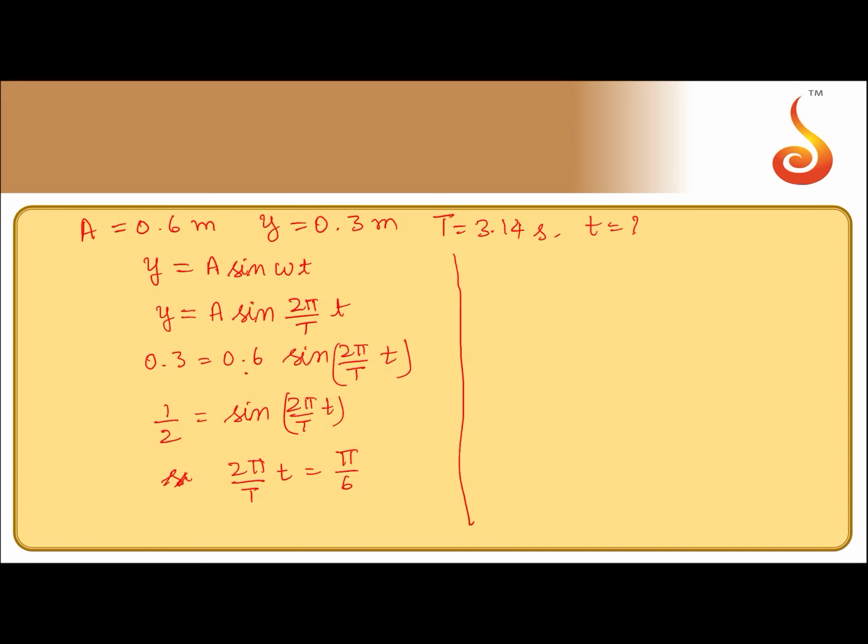Now pi gets cancelled. What we get is t is equal to capital T divided by 12. So capital T is given as 3.14 seconds. So it is 3.14 divided by 12, that is 0.26 seconds.